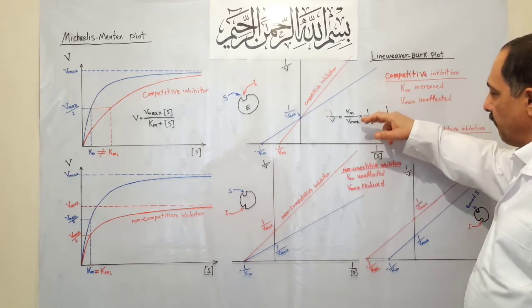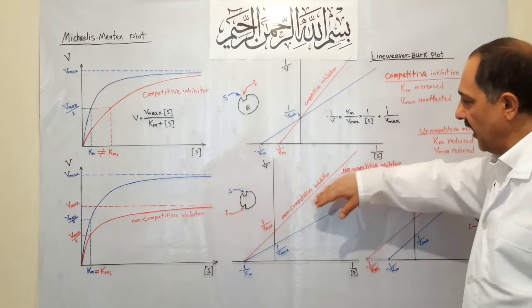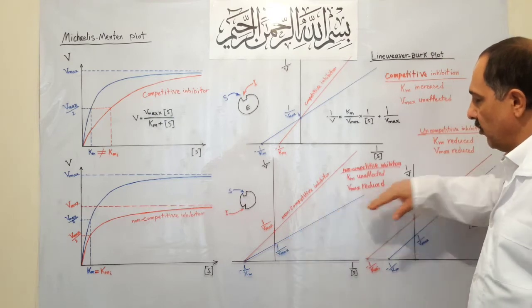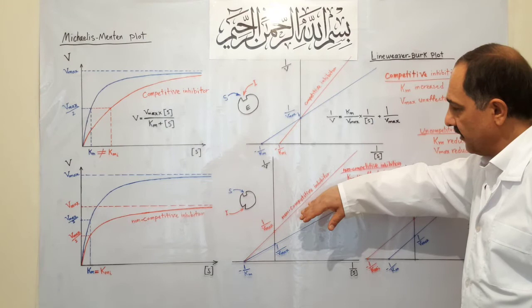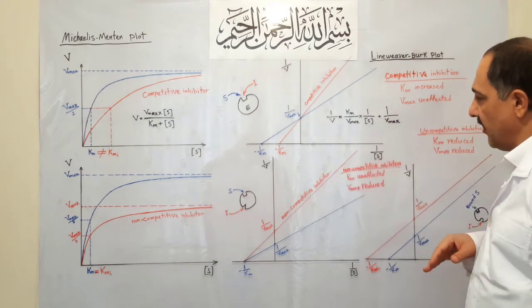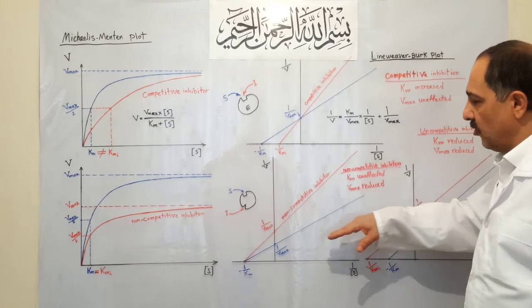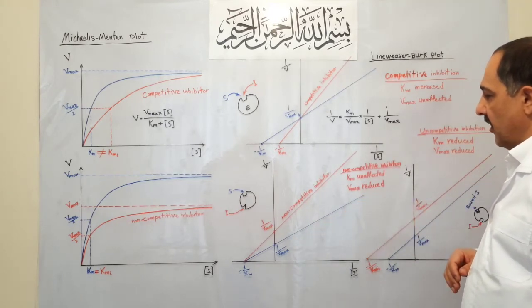Again, the slope of the red line is steeper than the slope of blue line, namely the slope of the line in presence of a non-competitive inhibitor is steeper than the slope of line in absence of a non-competitive inhibitor.